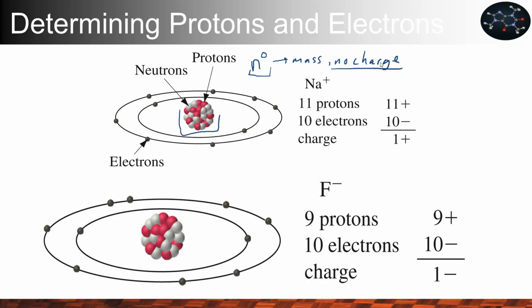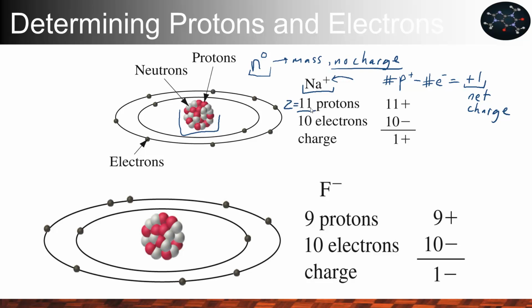Okay? So if we look at a sodium atom now, and we measure it and find out that that sodium atom has one positive net charge to it, what that means is when we take up all the protons and we subtract the number of electrons from that, we get a +1 net charge. So sodium, if we look on the periodic table, it's the 11th element.